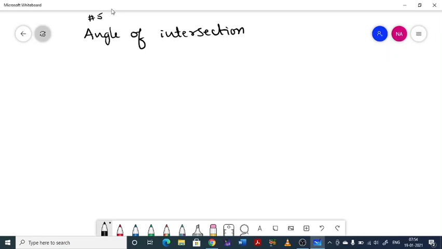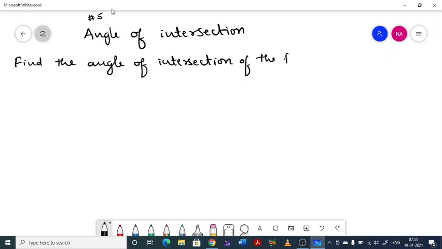As usual, with the heading: find the angle of intersection of the following curves. Okay, let us take them one by one.